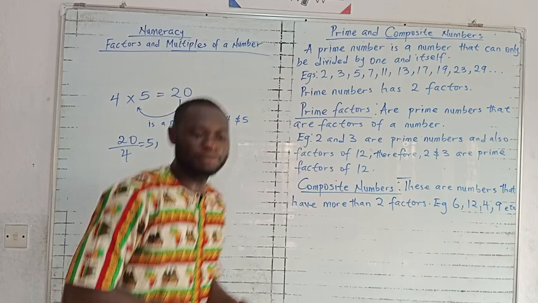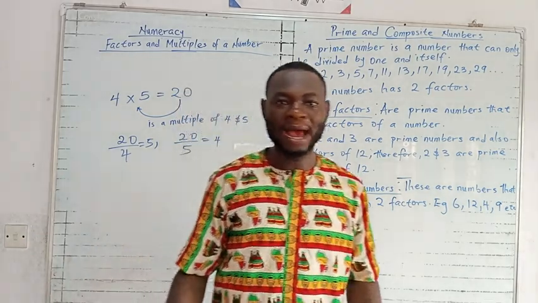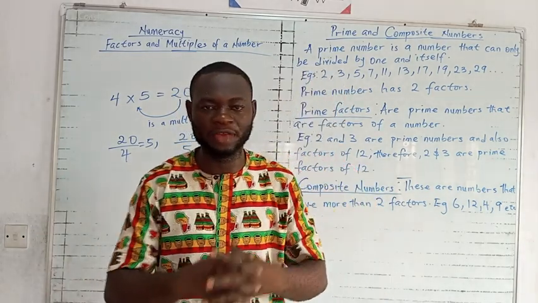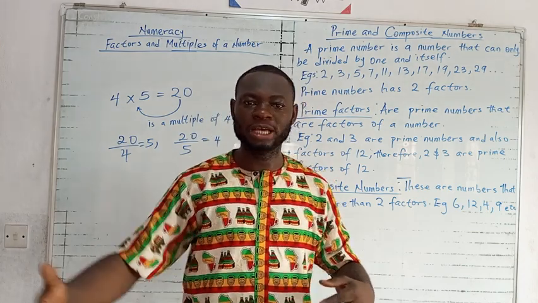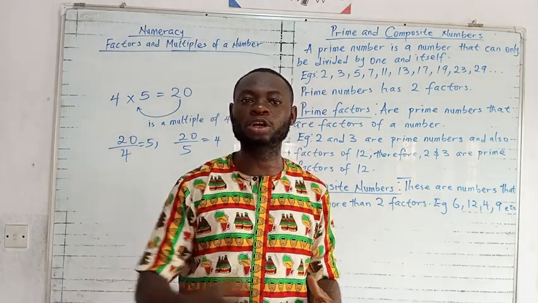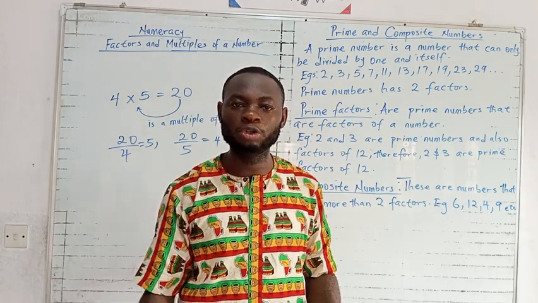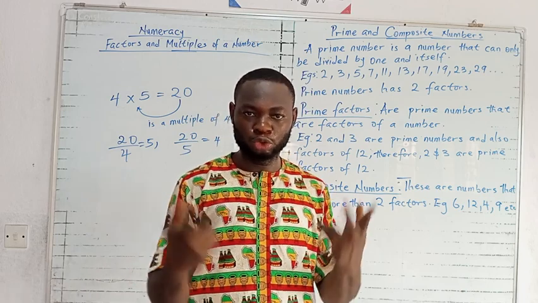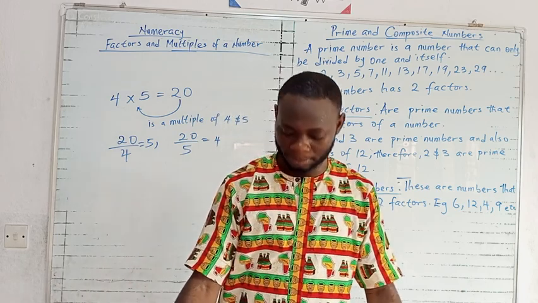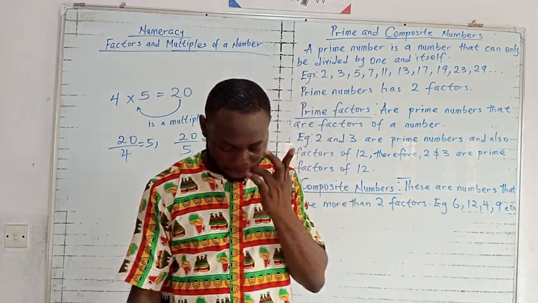Okay? So a multiple of a number is obtained by multiplying two numbers together. When two numbers are multiplied together, what you get, which we always call the product, is called the multiple of the two numbers that were multiplied. Alright?